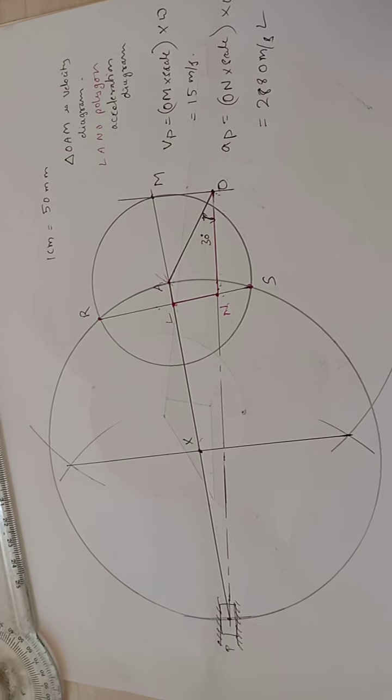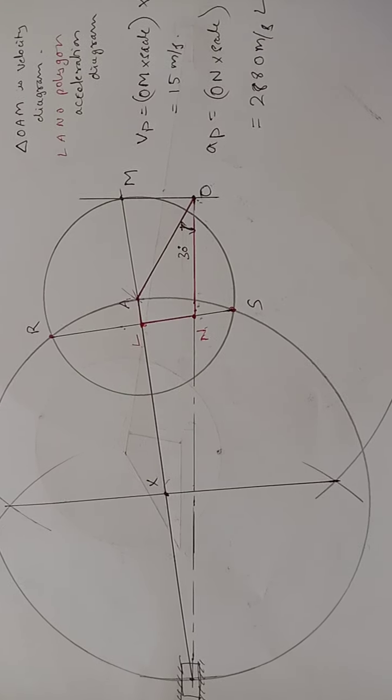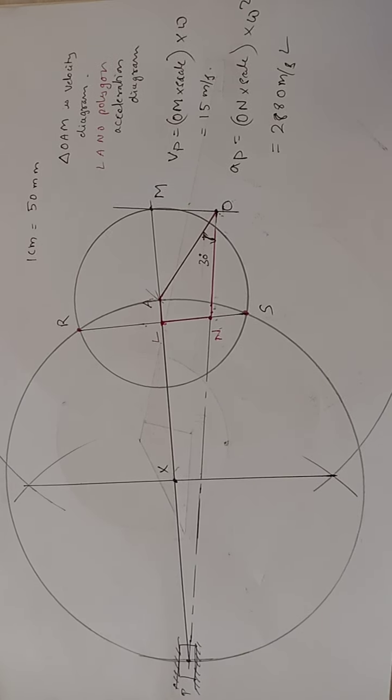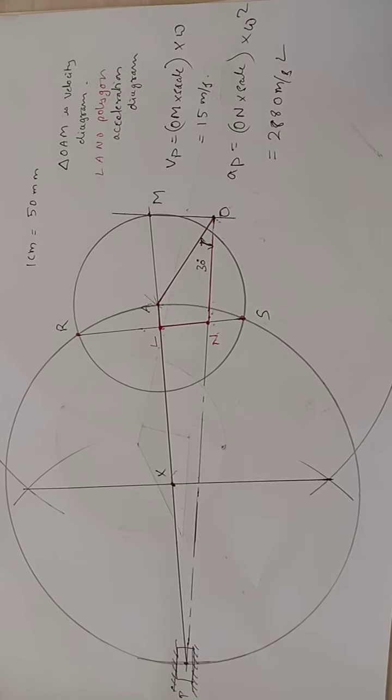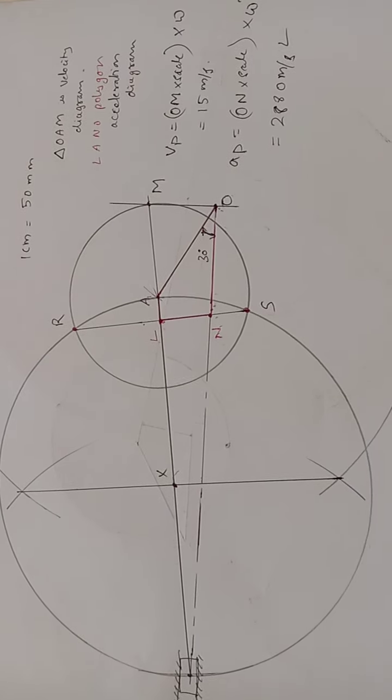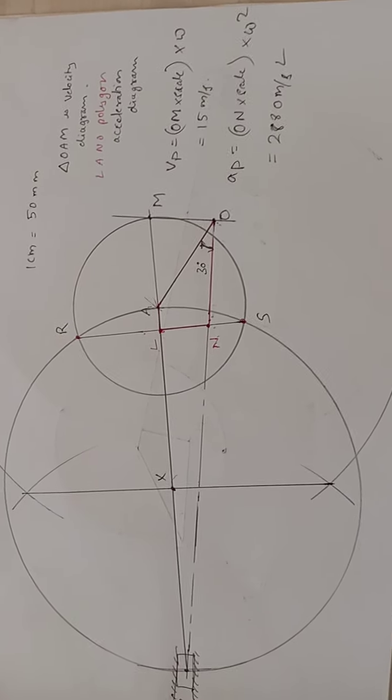So this is how Klein's construction is used in determining the velocity and acceleration of a piston P in an engine mechanism.